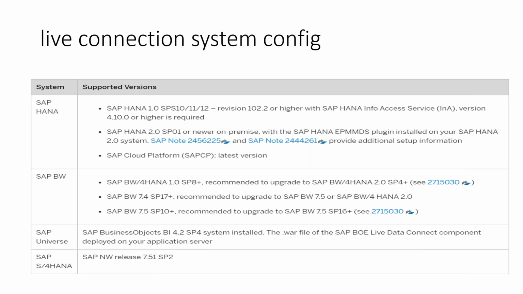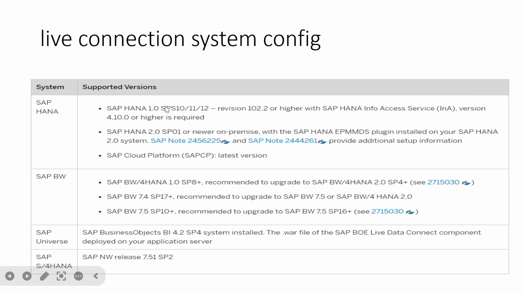So there should be some version supported. If your source is HANA, your HANA should be at least HANA 1.0 service pack 10 or higher, or HANA 2.0. And right now, guys, most of the systems are HANA 2.0.